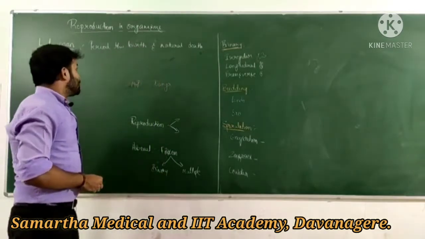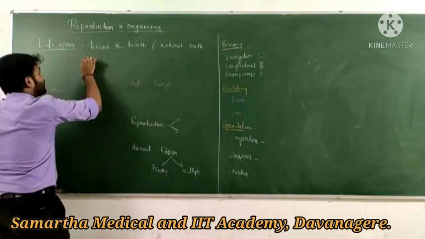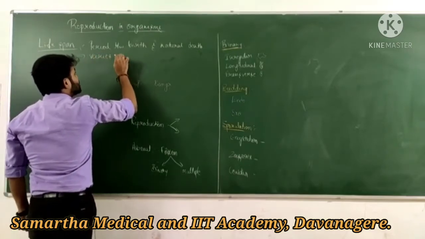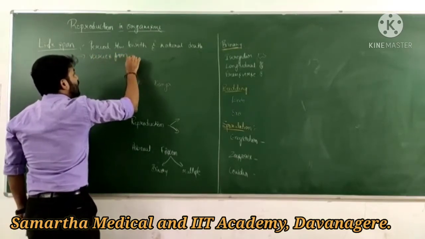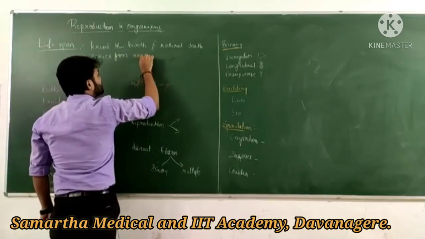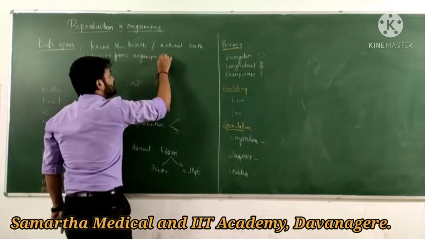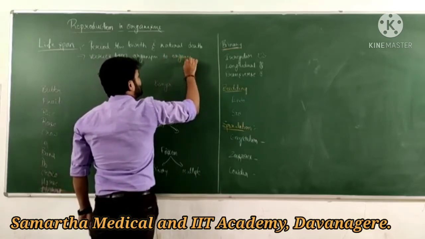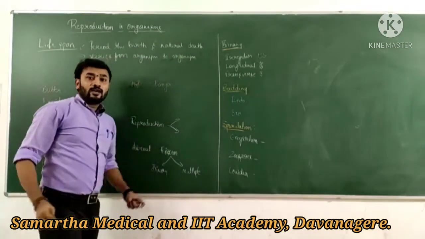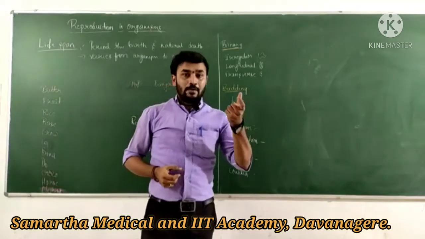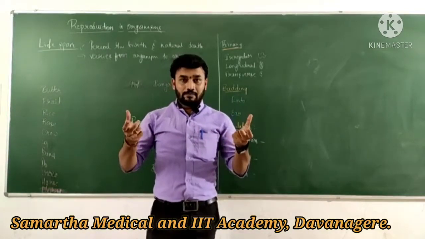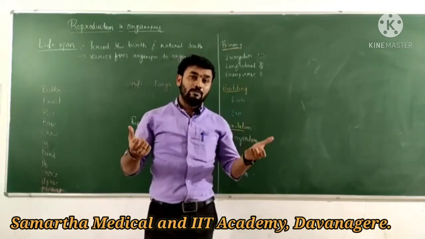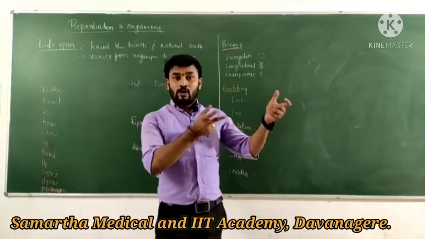This lifespan varies from organism to organism, but it doesn't depend on size, and we can quote some examples. If you take a peepal tree and a mango tree, the mango tree has a shorter lifespan compared to the peepal tree. It is one of the botanical examples.